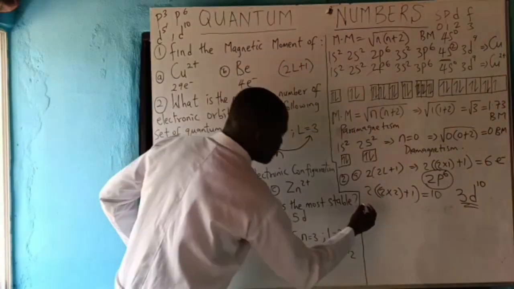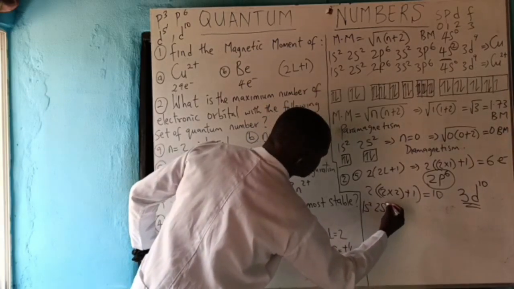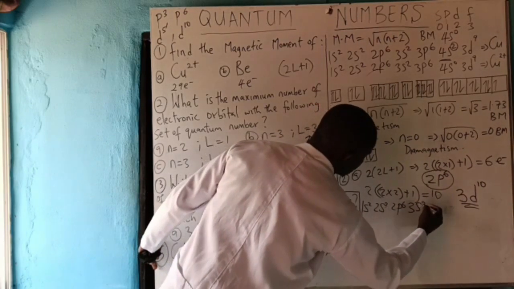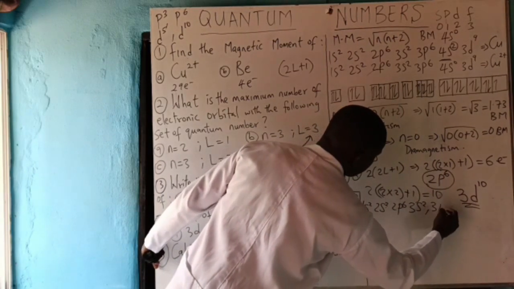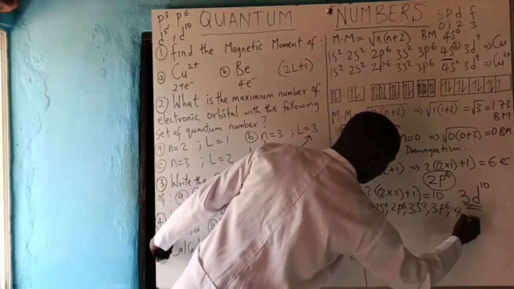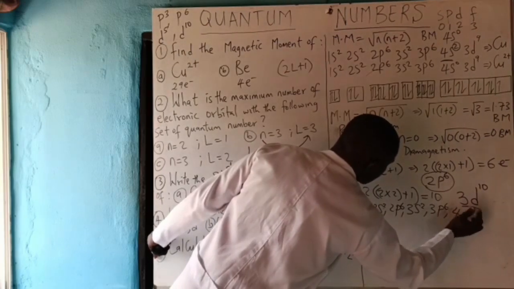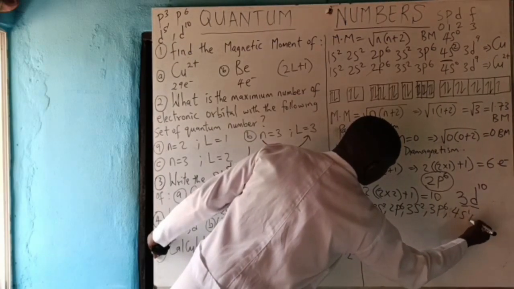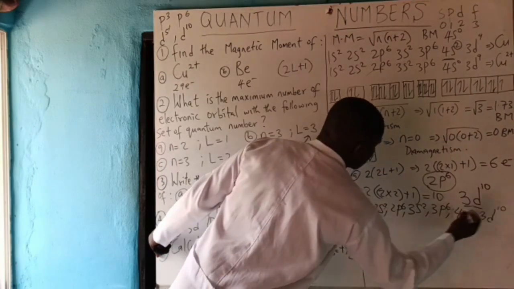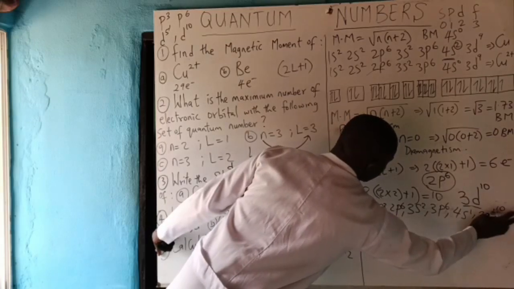And so we'll have 1s2, 2s2, 2p6, 3s2, 3p6, 4s1, 3d10. That is the electron configuration of copper.